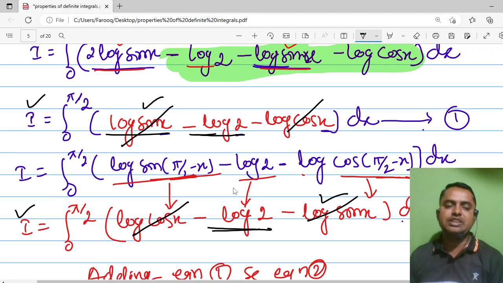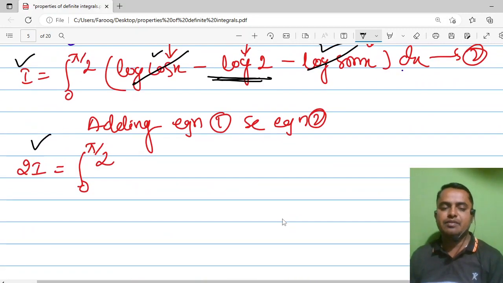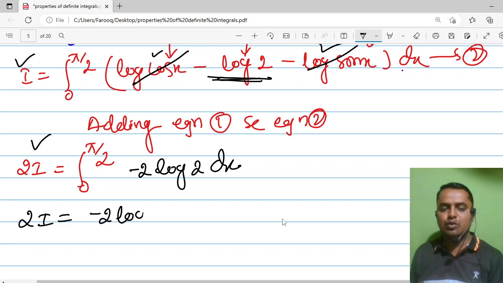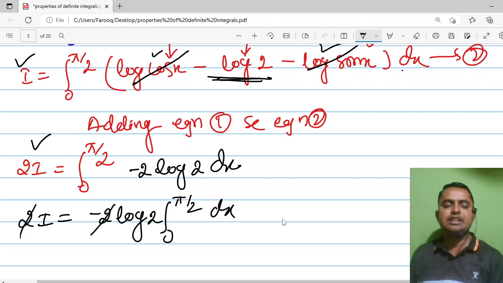Here in the RHS, plus log sin x and minus log sin x get cancelled, minus log cos x and plus log cos x cancel, and minus log 2 minus log 2 is nothing but minus 2 log 2 dx. So take minus 2 log 2 outside. Now 2I is equal to minus 2 log 2, integration 0 to pi by 2 dx. This 2 gets cancelled.